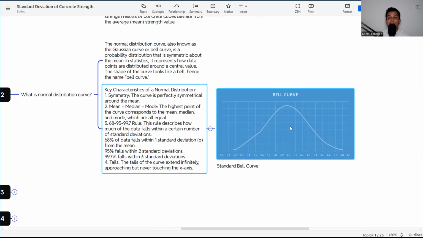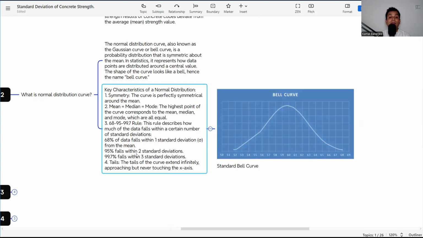How much of the result will fall in this area? 68% falls within one standard deviation, or mean plus minus 1 sigma. So if you have 100 sets of results, 68% will fall within plus minus 1 sigma.